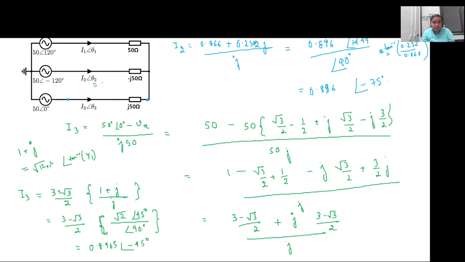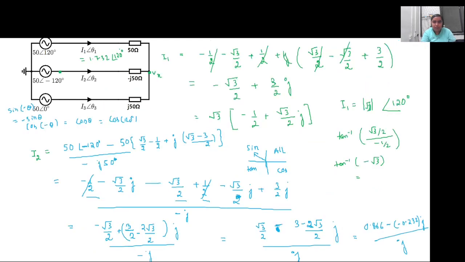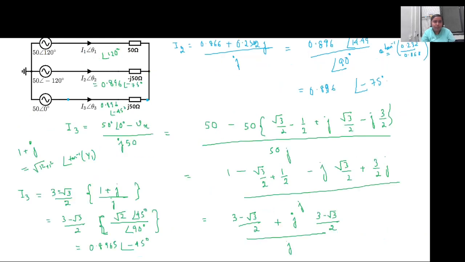So everyone has gotten it? Yes, ma'am. Okay. So anyone has any doubt? And I1 we had found out in the earlier case. It was something into 120 degree. 1.732.